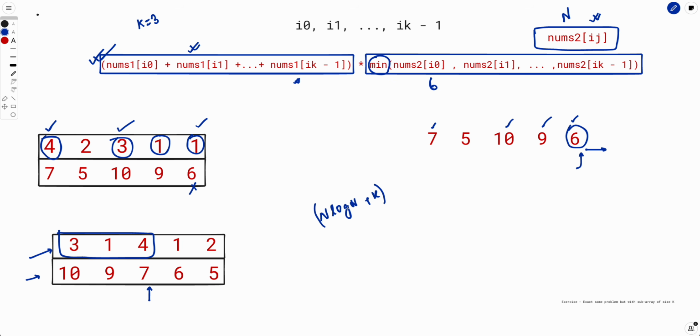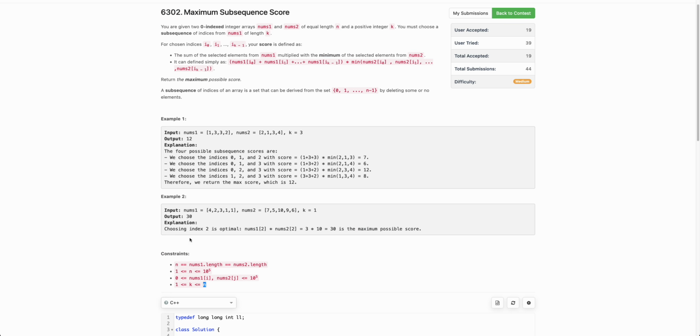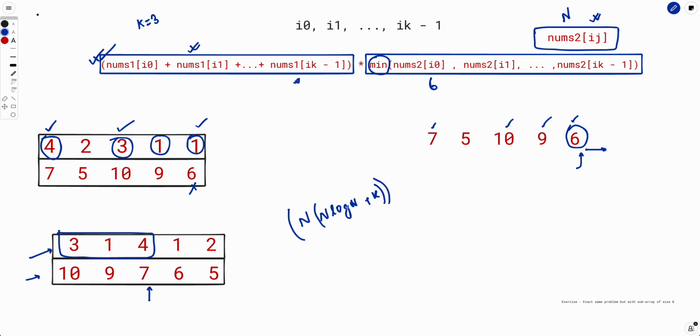So for each right side we require this much time. How many possible values of the right side are there? N possible values. So this is the final time complexity. Even this would not pass. This is like order n into k or order n square. Even this would not pass, so we need to optimize this as well.